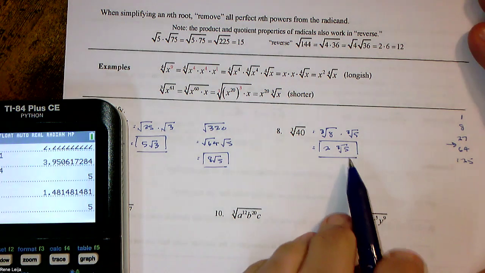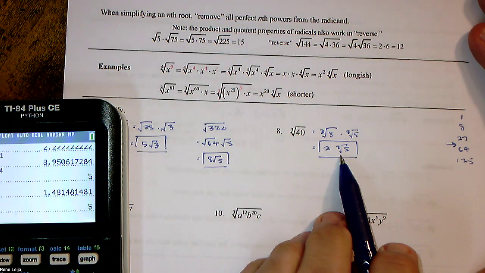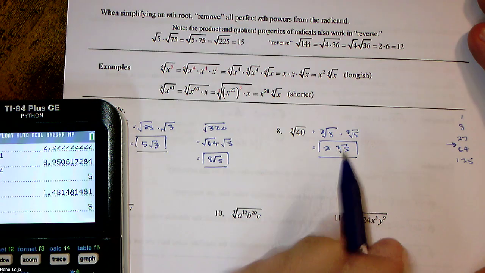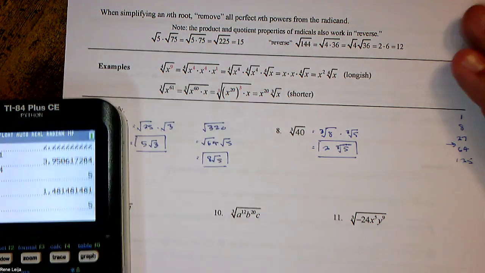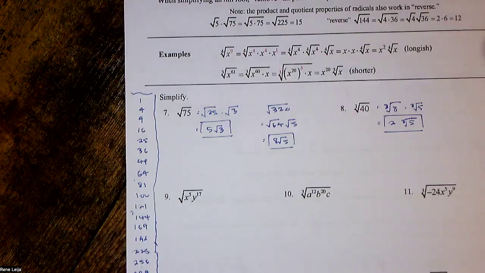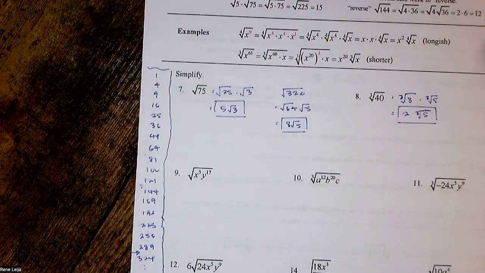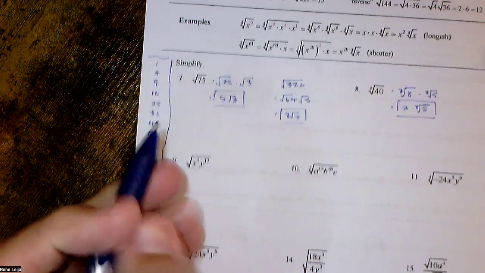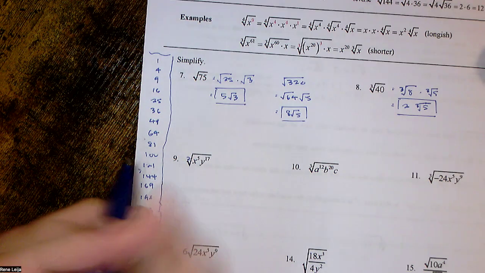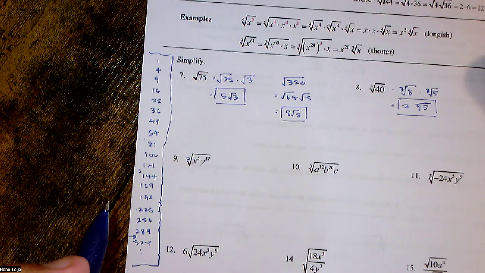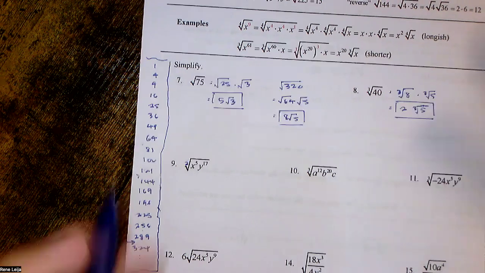Now, when you write your answer, you want to make sure that the cube root is part of that radical. You don't want to make it look like it's 2 times 3 times the square root of 5. Okay, now when you have variables, remember that the power of our radical is a 2. So that means I'm looking for pairs.